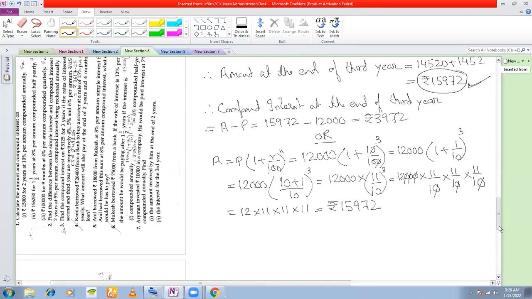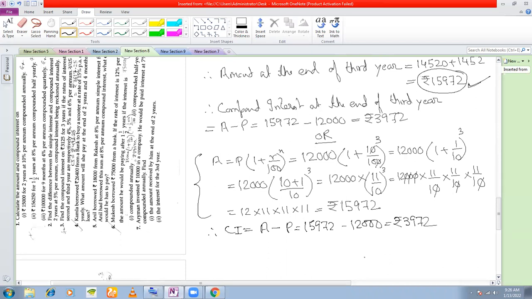But when you're using the compound interest formula, by only doing these two steps, we are directly getting the amount, right? So if you want to calculate the compound interest, from the amount you can calculate 15,972 minus 12,000. So just as earlier, you're getting 3,972.